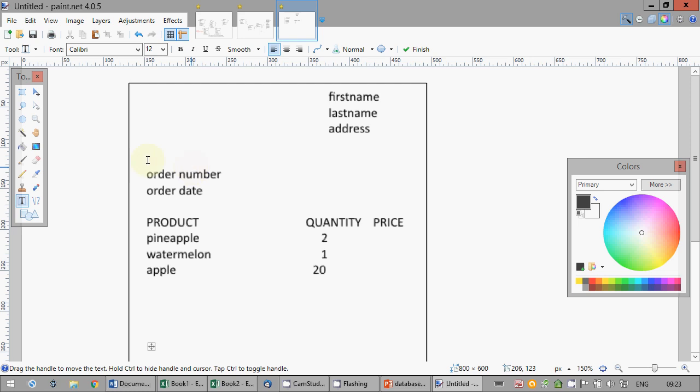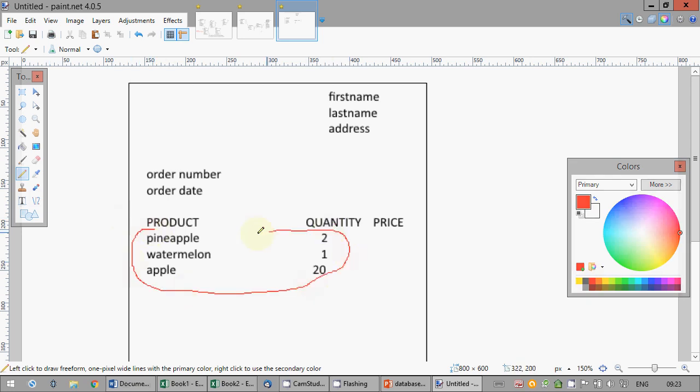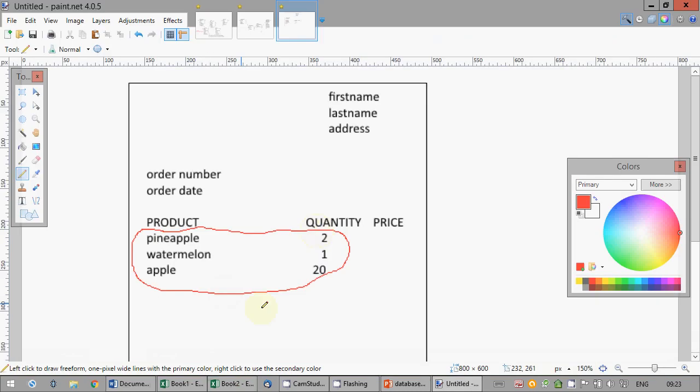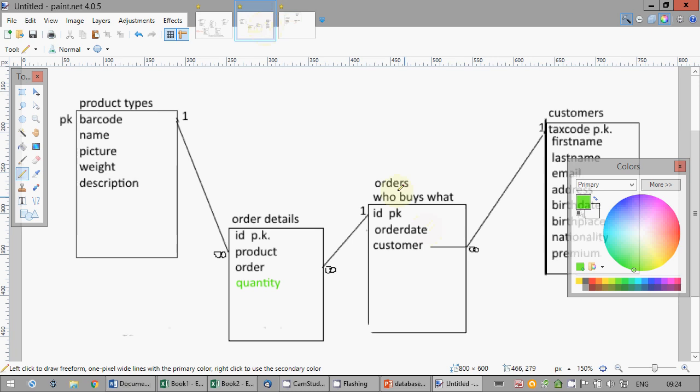Okay, so this part here, it's the details table. You can see. Obviously you don't see the names here, but this is more user-friendly. So the details table corresponds to the inside of the receipt in which you have the details of everything you have ordered, while the other part, which is this one, is the other table. So this one.